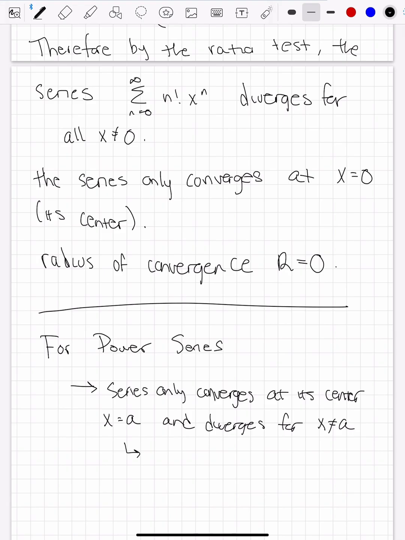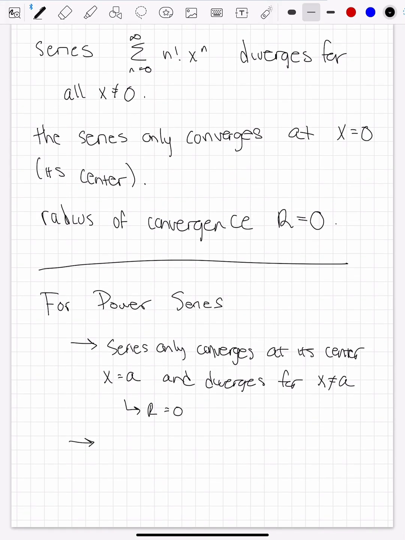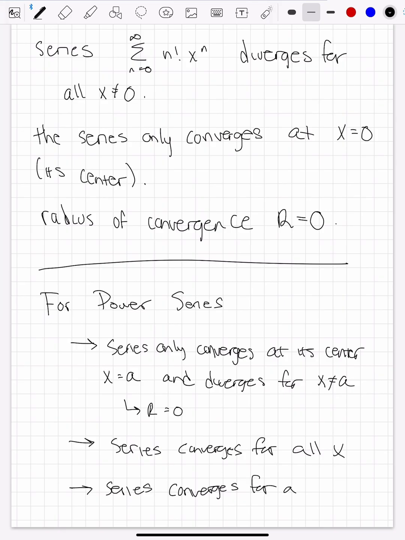And in that case, r is equal to 0. There's no radius of convergence. The only place it's going to converge is at the center. And then the other one is that the series converges for all x. And then the third is that the series converges for an interval of convergence.